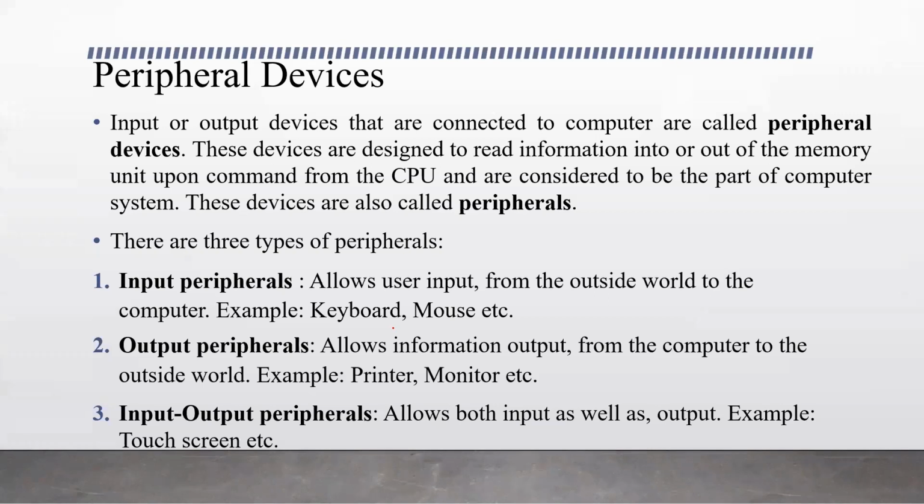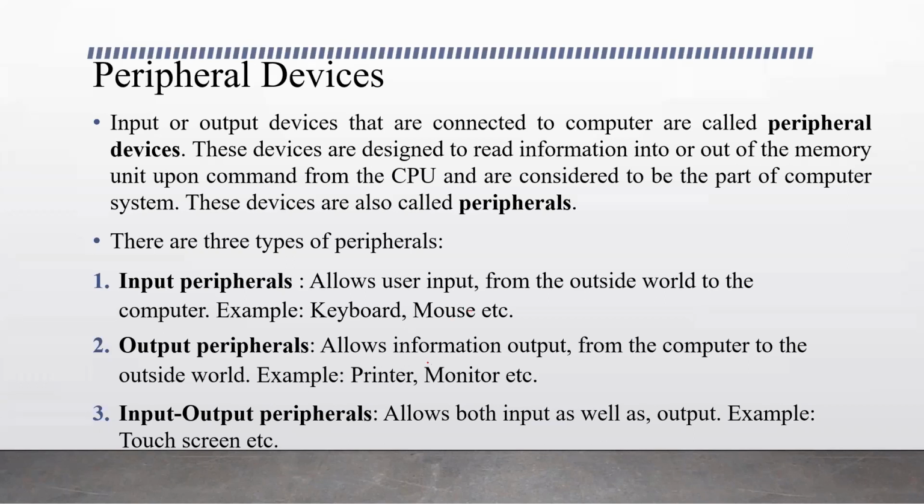And using a mouse, there are other ways of giving input. For visual input, a camera can be used as an input device. And for audio input, a microphone is used. So these are all the input peripherals.